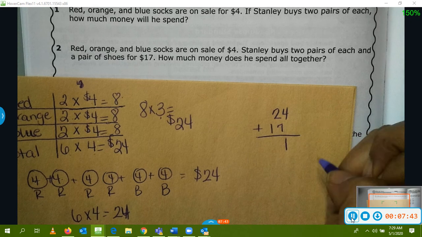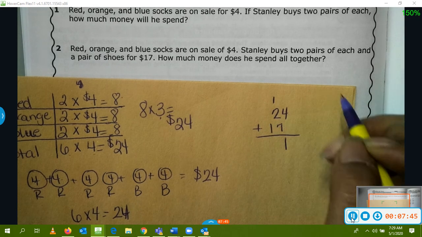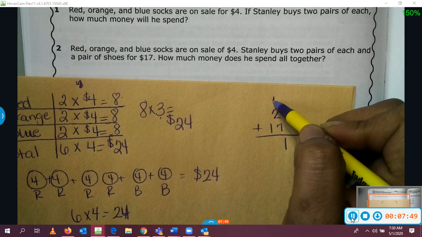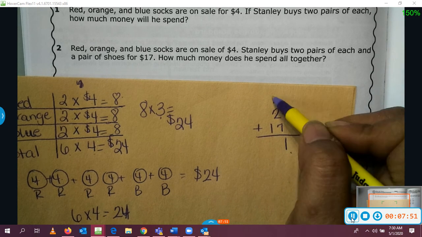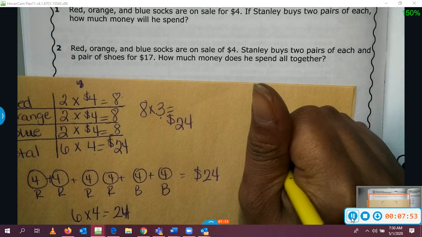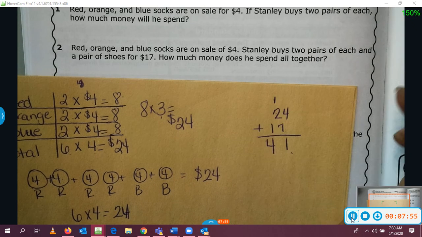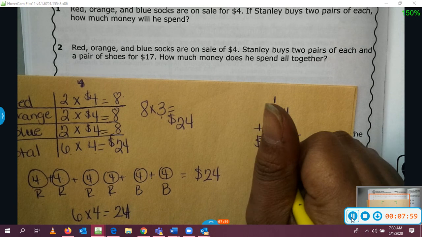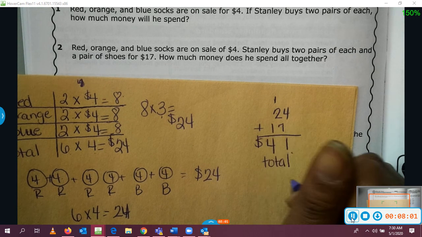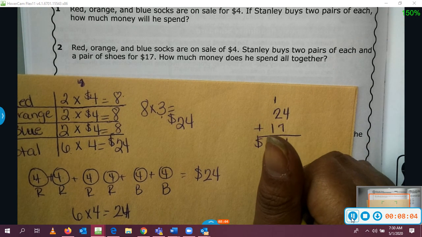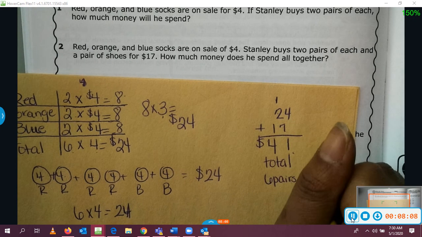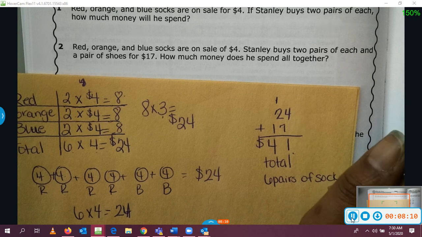You write down your 1 in the 1s place, and then you carry the 1 to the 10s. So 2 plus the 1 makes 3, plus 1 more is 4. He spent a total of $41 for 6 pairs of socks and 1 pair of shoes.